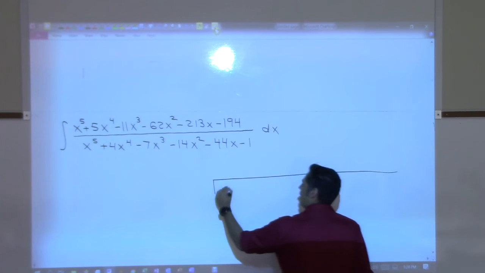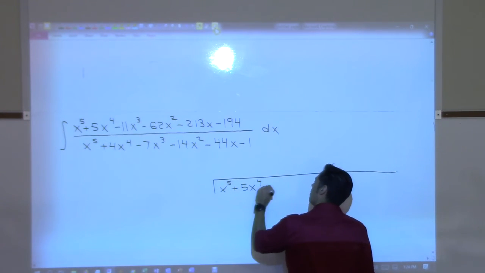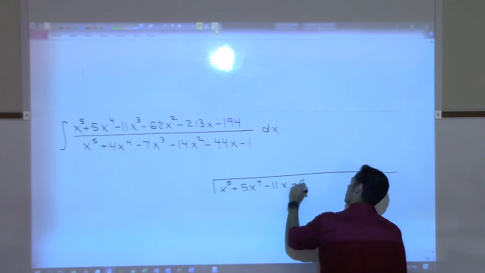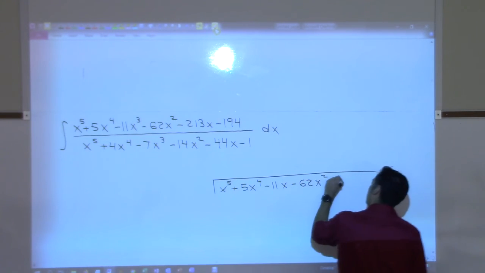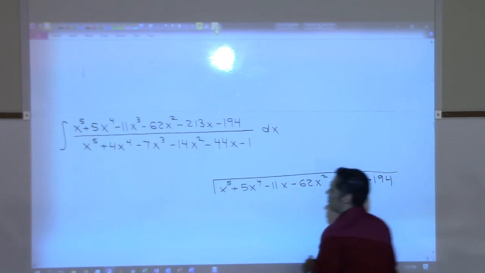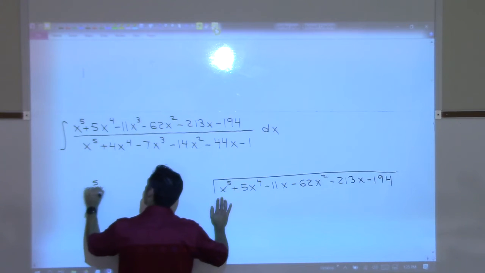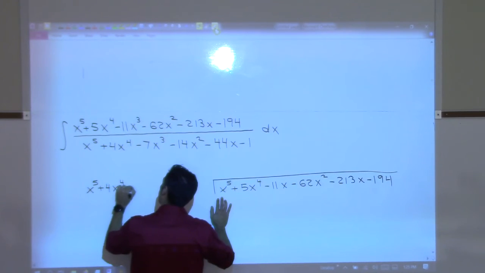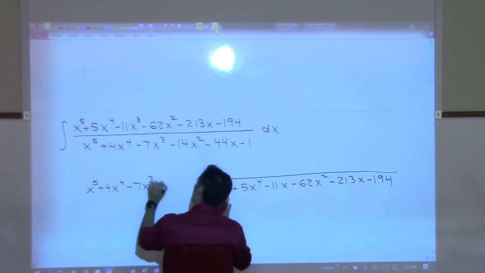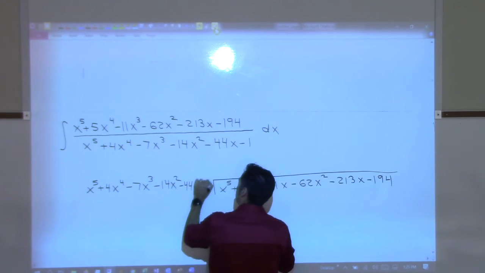Okay, x to the 5th plus 5x to the 4th minus 11x cubed minus 62x squared minus 213x minus 194. That's on the inside. On the outside is x to the 5th plus 4x to the 4th minus 7x cubed minus 14x squared minus 44x minus 1.